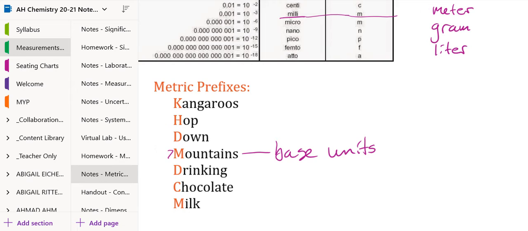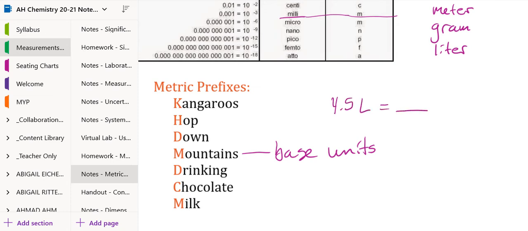If I was going from my base unit to a bigger unit, so from our base unit to hecto, I would be dividing by 100. So if you memorize the prefixes in order, you can just look at which direction you're going and move your decimal that way.